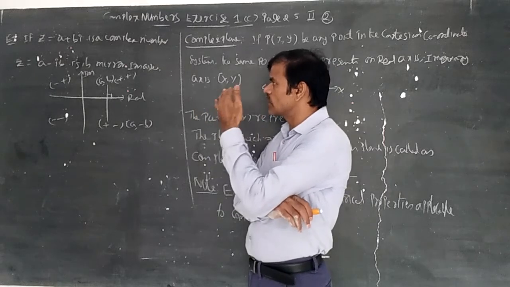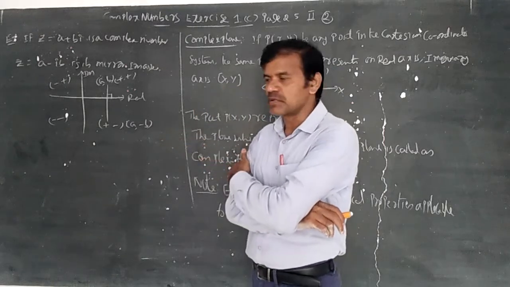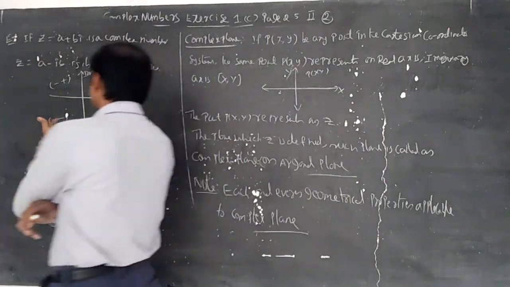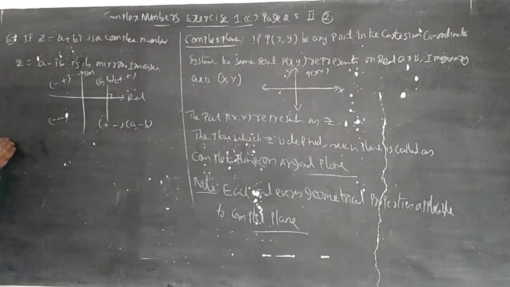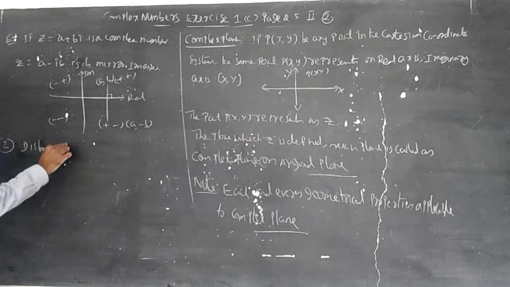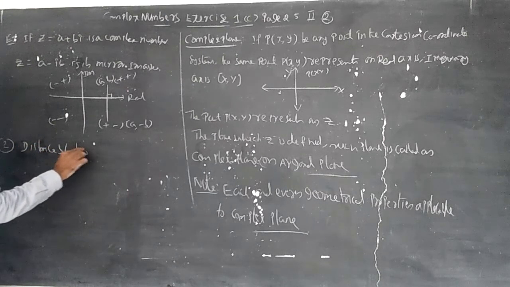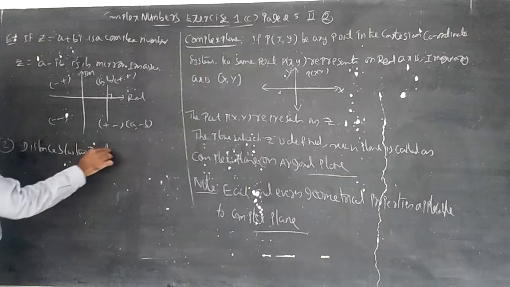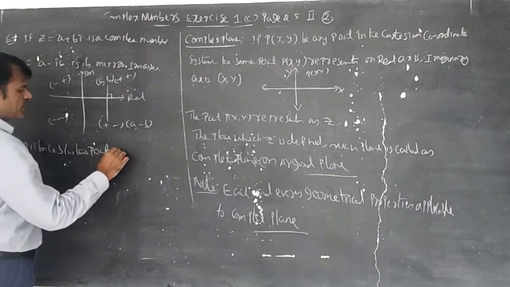A comma b we should write as a plus ib. Here a comma minus b we should write as a minus ib. And another example also we can discuss. Equation of line, let us discuss. Let us consider distance between 2 points.